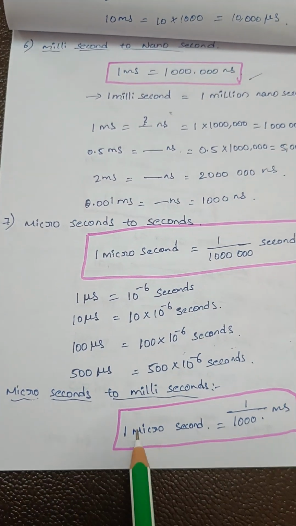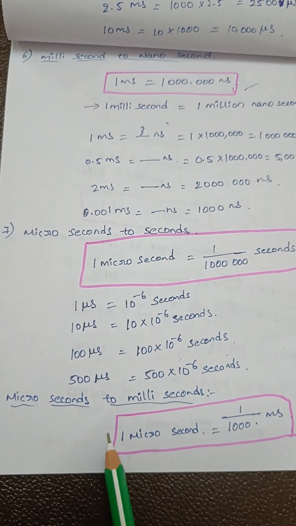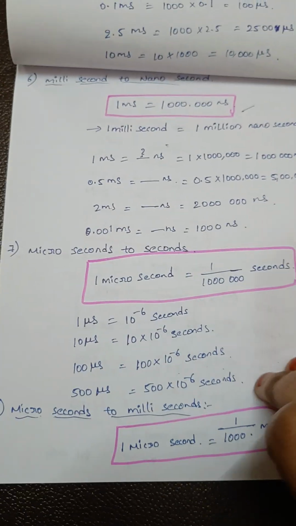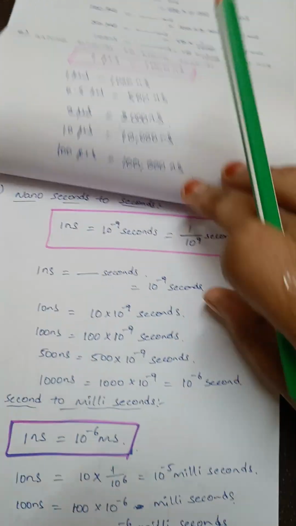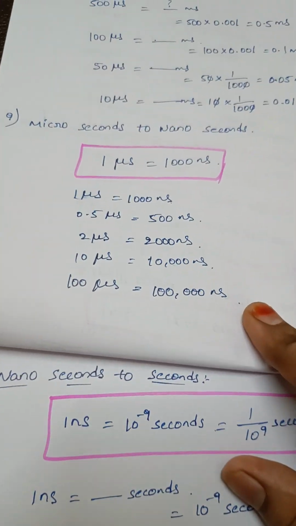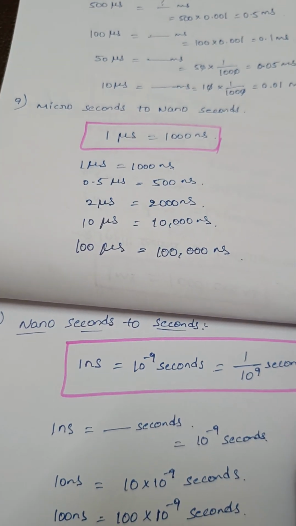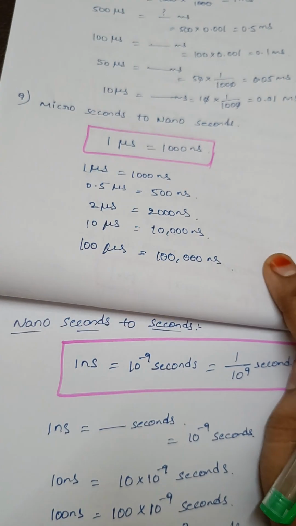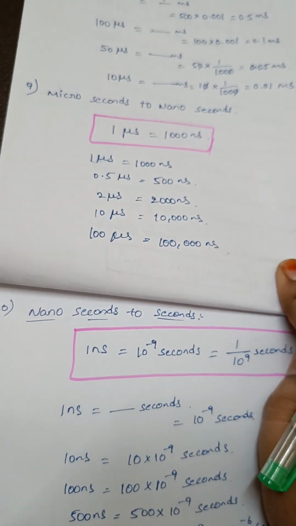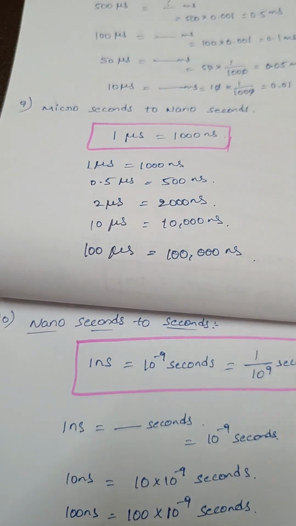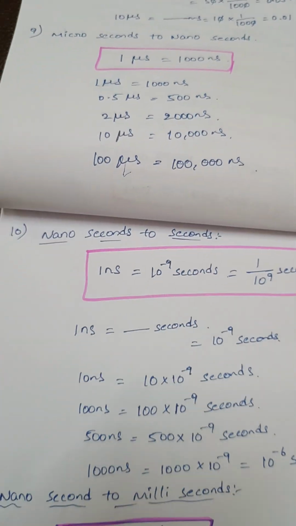Microseconds to milliseconds means you divide by 1000. Microseconds to nanoseconds means you multiply with 1000. These are some examples.